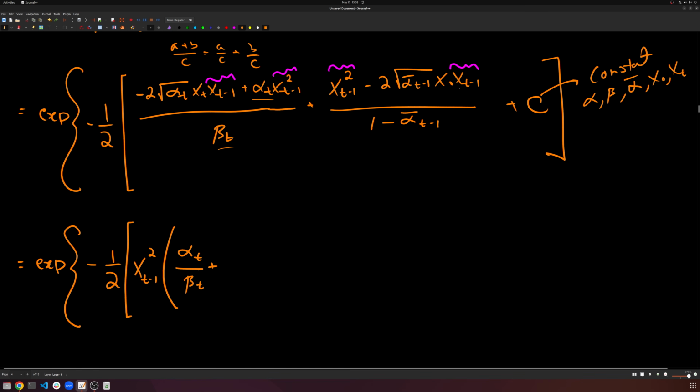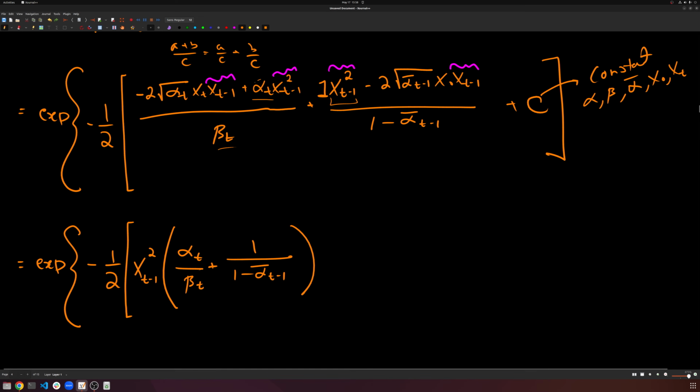Plus xt minus 1 squared here has a constant of 1 in the front, right? So it's just going to be plus 1 over 1 minus alpha hat t minus 1, just like that. So all I've done is take the terms apart and regroup them like this.